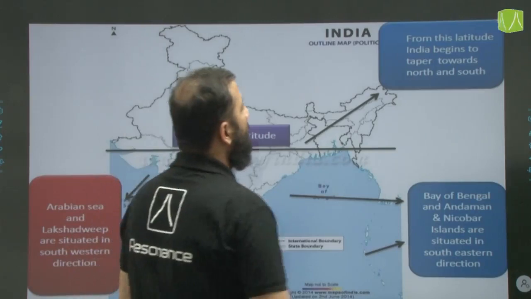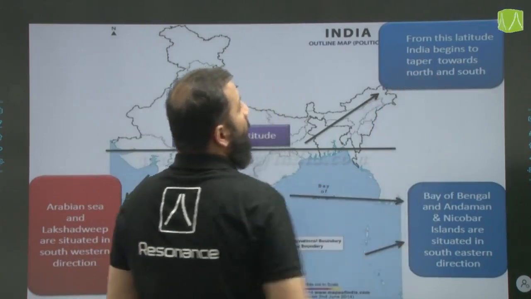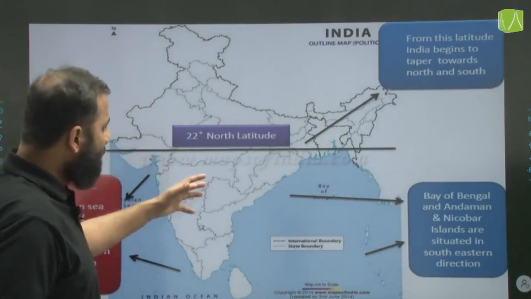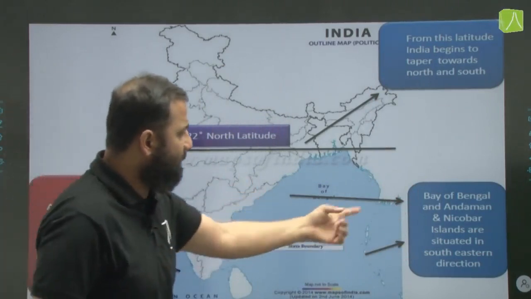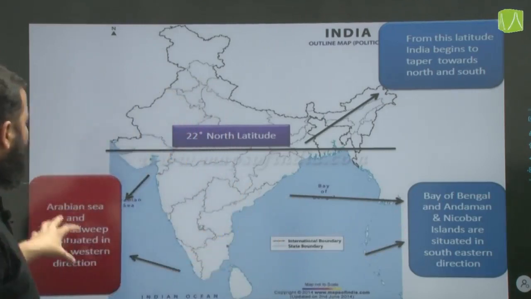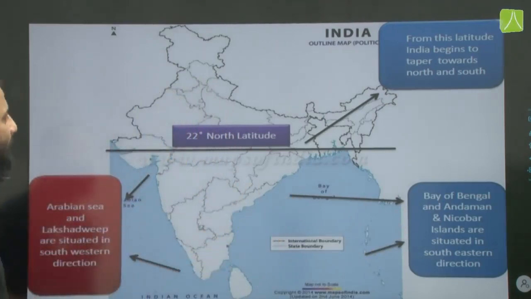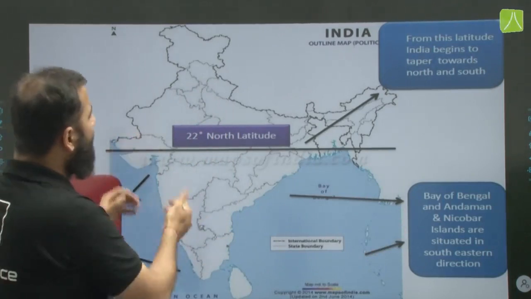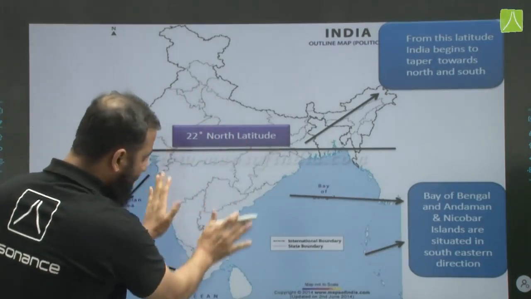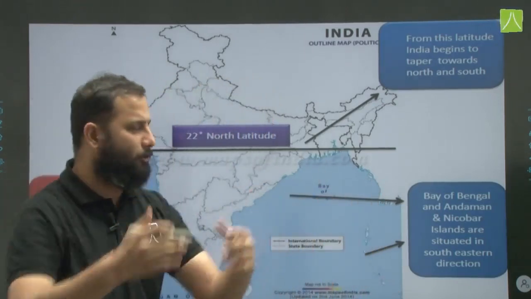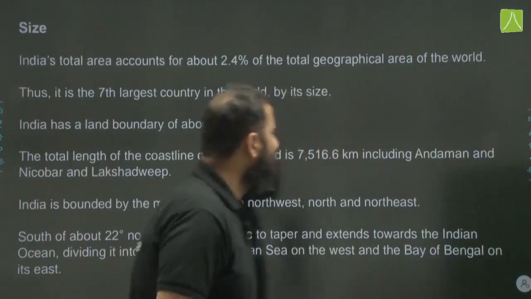Now the next part: the Bay of Bengal and the Andaman and Nicobar Islands are situated in the southeastern direction, and here you can see the Arabian Sea and the Lakshadweep Islands. From 22 degree north latitude, India begins to taper towards the south. This is also referred to as the extension of the Asian continent.